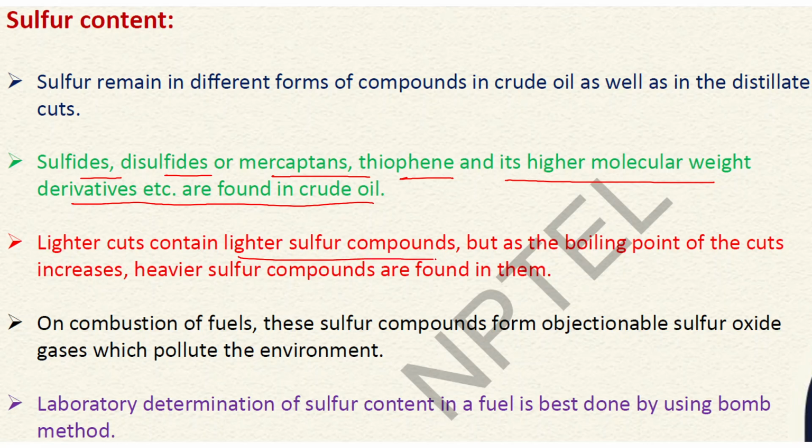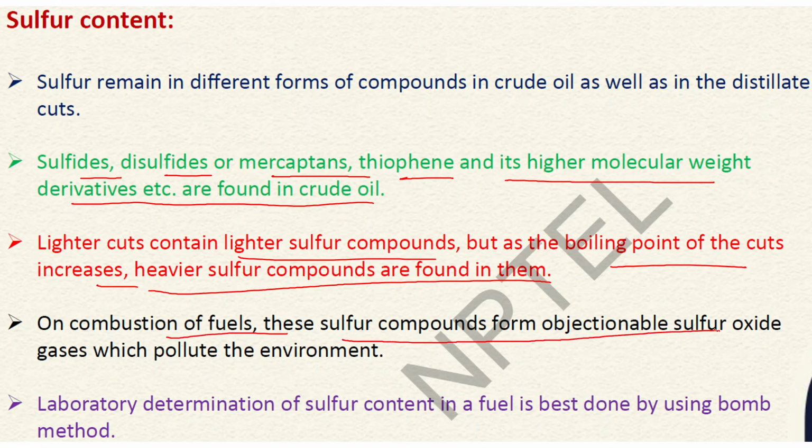Lighter cuts contain lighter sulfur compounds, whereas as the boiling point of the cuts increases, heavier sulfur compounds are found in them. So in heavier cuts such as lube oils, asphaltenes and fuel oils, much more sulfur is present compared to gasoline, kerosene, etc. On combustion of the fuel, these sulfur compounds form objectionable sulfur dioxide gas, which pollutes the environment when released.